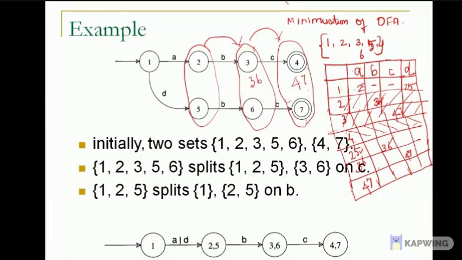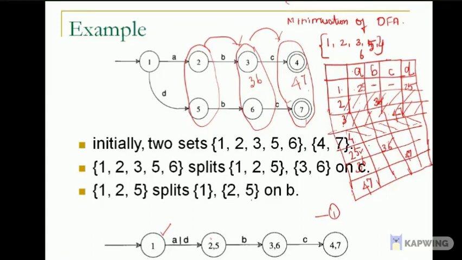So, now how many states we are having? The first state is starting state 1. So, we are having, right? 2 and 5 are merged, right? On input symbol A, it is moving to 25, and on input symbol D, that is moving to 25. So, A or D, it is moving to 2, 5, right?